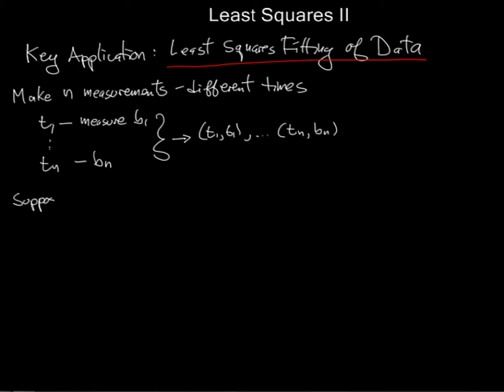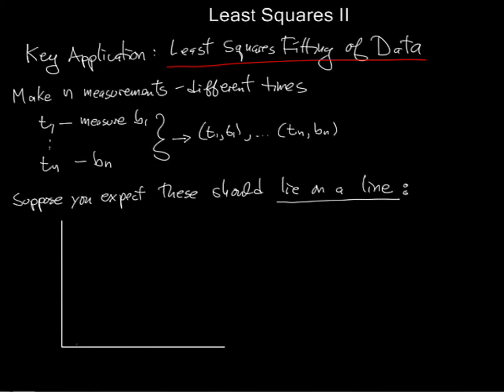And suppose we expect that these points are supposed to lie in a straight line, and you're trying to figure out what straight line that is. So you know from the information about the experiment that it should be lying on a straight line. So you put the t's along the x-coordinate and the b's along the y-coordinate, and maybe it looks like this.